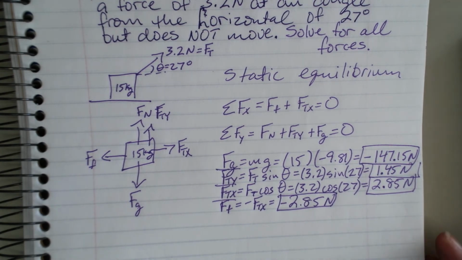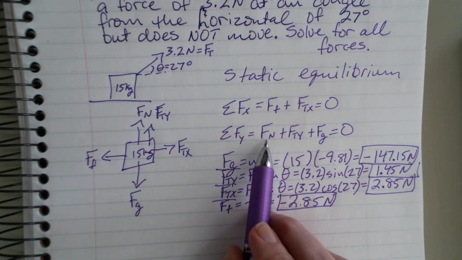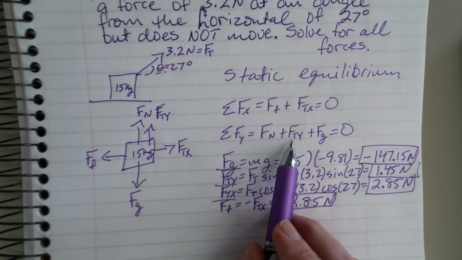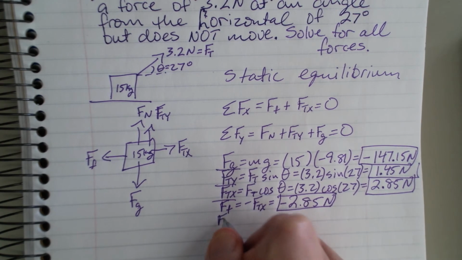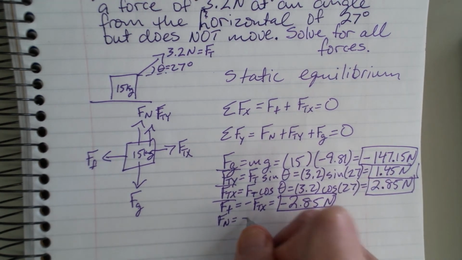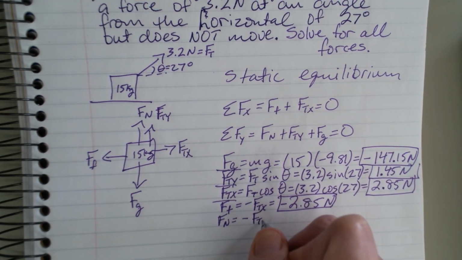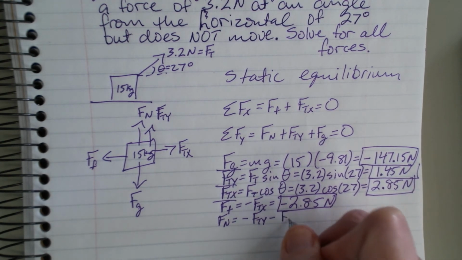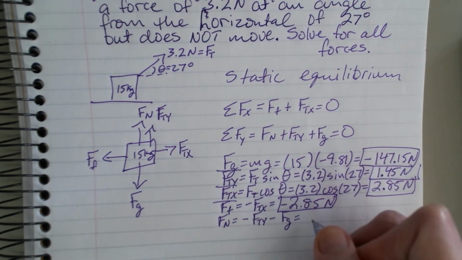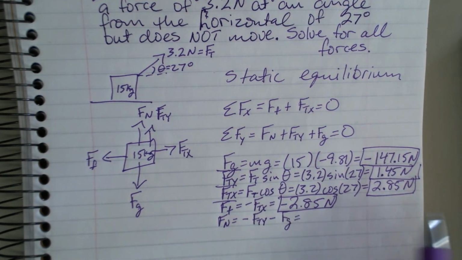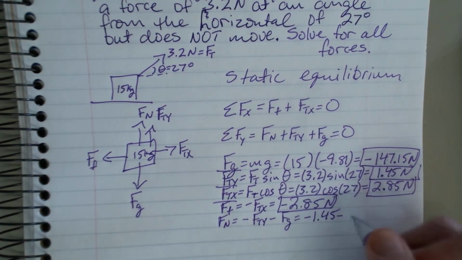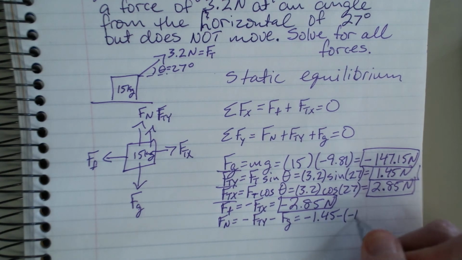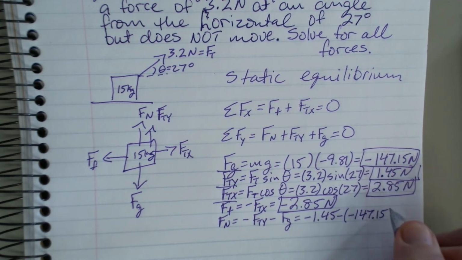The Fn is a little harder because my Fn is equal to negative of that plus negative of that. So that's a little more complicated, okay? So my Fn equals negative of Fty minus Fg. My Fty was 1.45, so that's negative 1.45 minus Fg, which was negative 147.15.